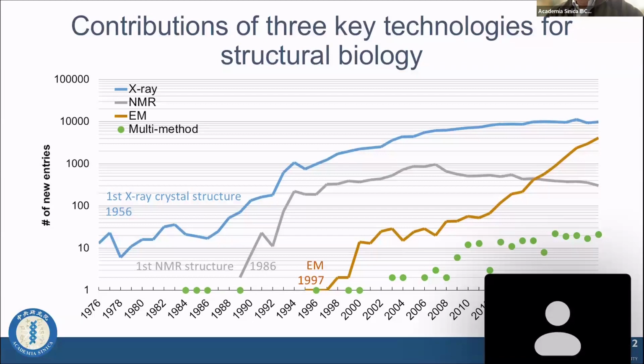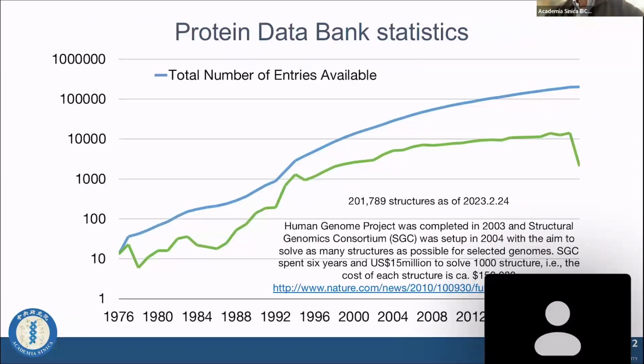The development of cryo-EM or EM in general was relatively late, but it is now undergoing an explosive growth, as you can see in this dark orange line, that the number of cryo-EM structures reported every year is now exceeding the NMR structure and is approaching and potentially overtaking the output of X-ray crystallography. It is important to note that in the early days, it is actually very time-consuming and costly to determine protein structures.